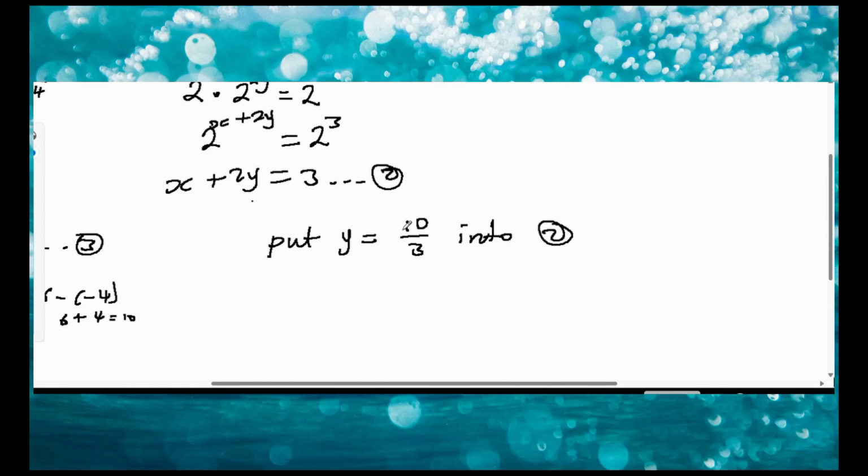Equation 2 is giving us x plus 2y equal to 3. So in place of y, we substitute 10 over 3. So we have x plus 2, then in place of y we write 10 over 3, equal to 3.